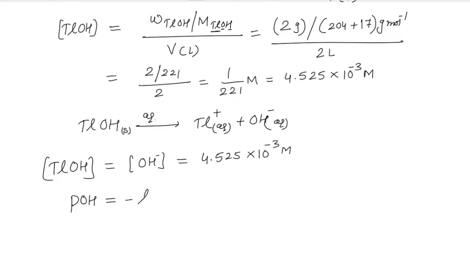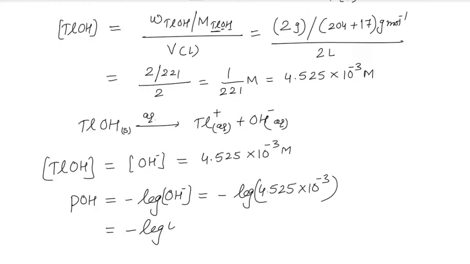POH is minus log of OH negative ion concentration. That is minus log of 4.525 times 10 raised to power minus 3, which is minus log of 4.525 minus log of 10 raised to power minus 3.